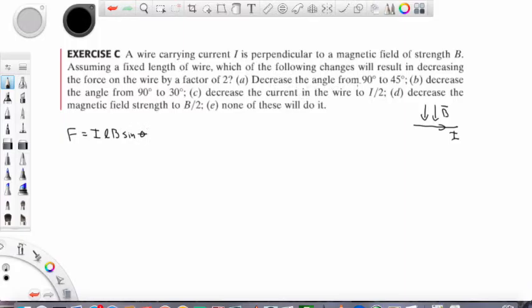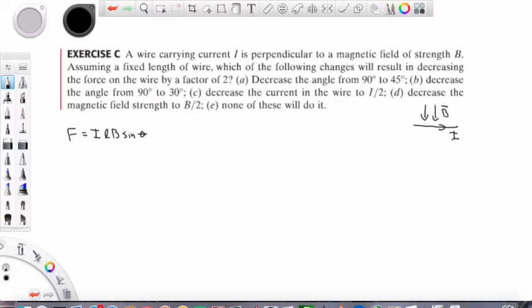First, decrease the angle from 90 to 45, so that would affect this term. If sine 90 becomes sine 45, that doesn't decrease it by a factor of 2, it will decrease it by a factor of square root of 2. Okay, what about B? Decrease the angle from 90 to 30.